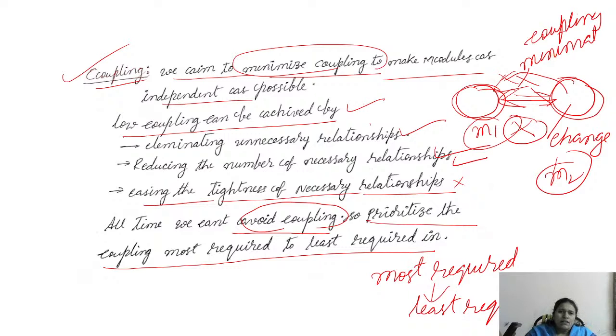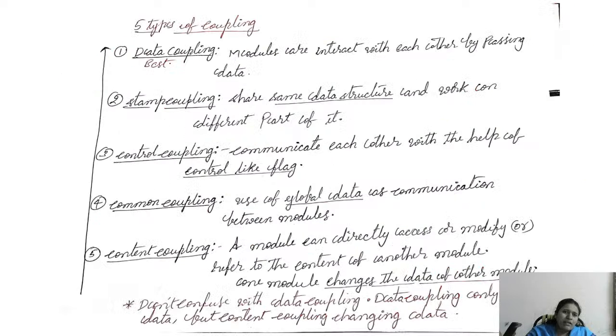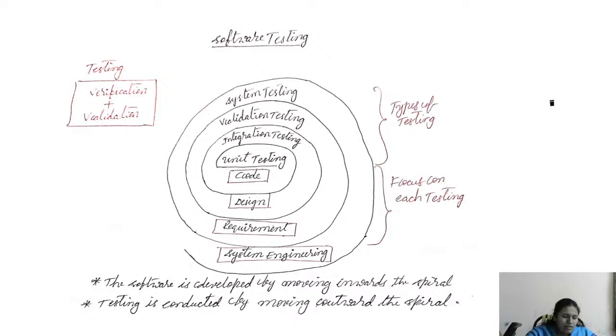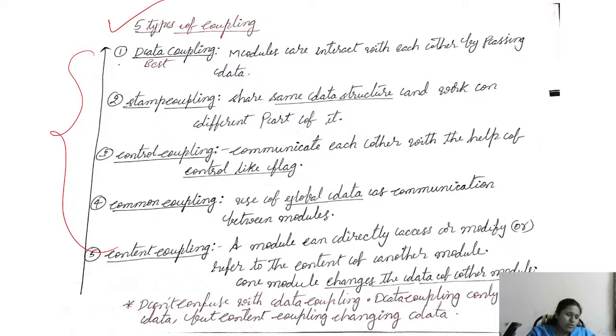Next, what are the different types of coupling? There are five types of coupling. This came in the UGC NET exam. Both cohesion and coupling are very important. Please try to understand, and add notes in your notebook also.